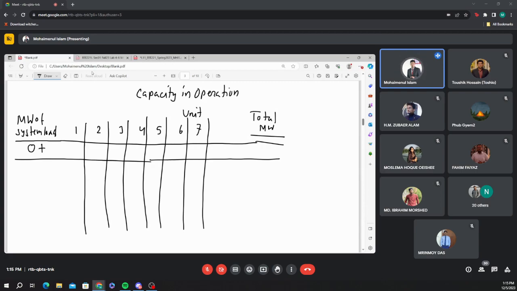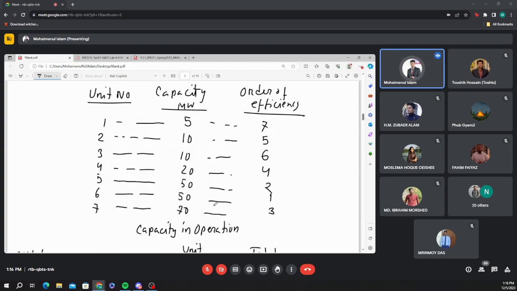For 0 or 5 or 10 or 20 megawatt, that type of load, above 0, you need to run some of the power plants. The first power plant you need to run is the 50 megawatt one, and you need to run some other power plants.